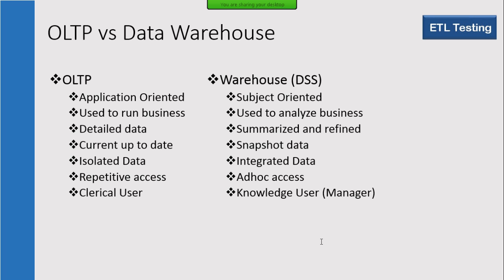The data collected from your OLTP system helps us derive the subject information. So your warehouse provides this subject-oriented way. Always, your databases are helpful for running the business, whereas your warehouse helps us analyze a particular business.